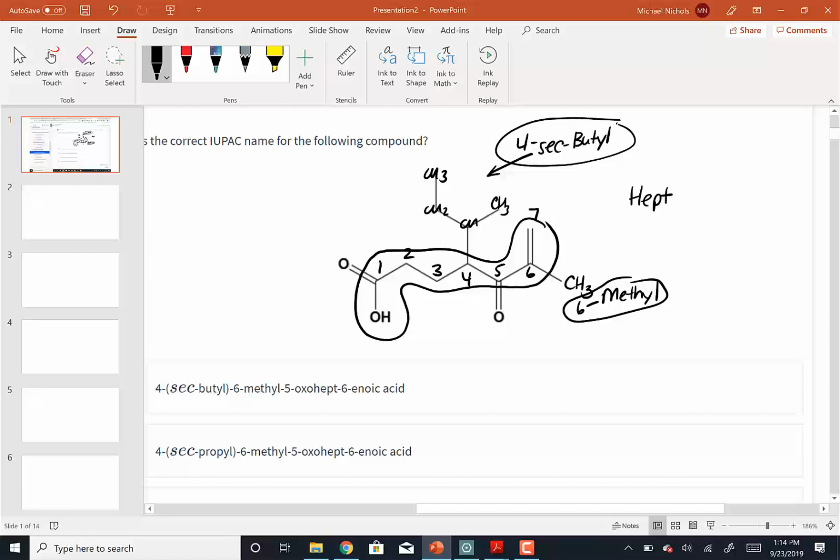I have a question. Why shouldn't the sec-butyl group be in parentheses? Because parentheses are reserved only for complex substituents that do not have a common name accepted by IUPAC.